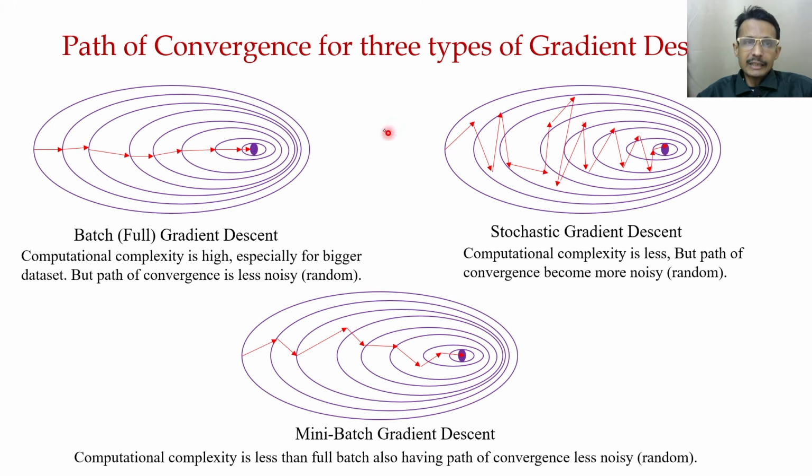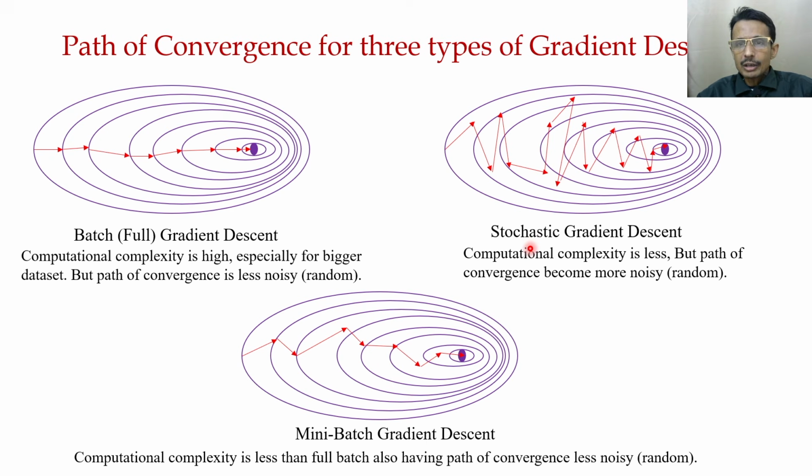Now if you see here, the path of convergence of the full batch is very straightforward, so almost no randomness is involved. It goes straight from anywhere on the error surface to the local optimum.